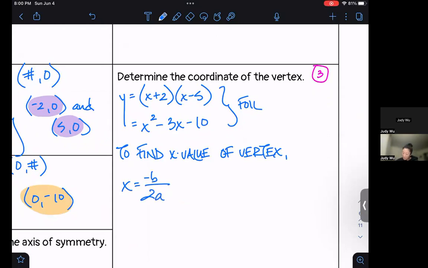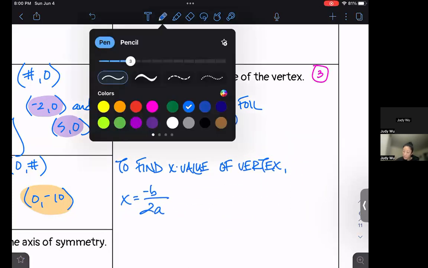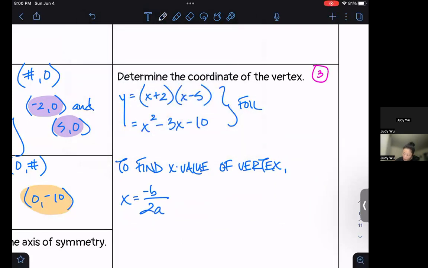All right. Now, some of us might be like, what's b? What's a? Those are good questions. A is 1 in this case because we have a 1 in front of the x squared. B is negative 3 because that's the number in front of x. And C is negative 10 because that is the number that has no variable with it.